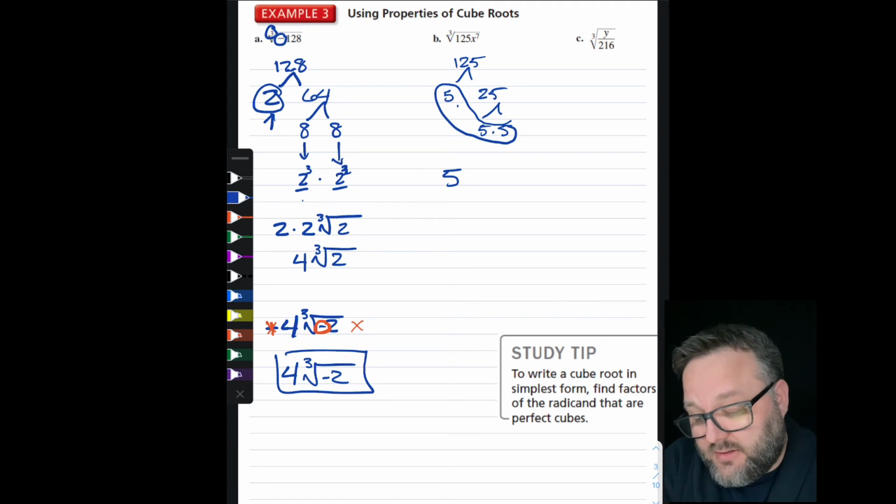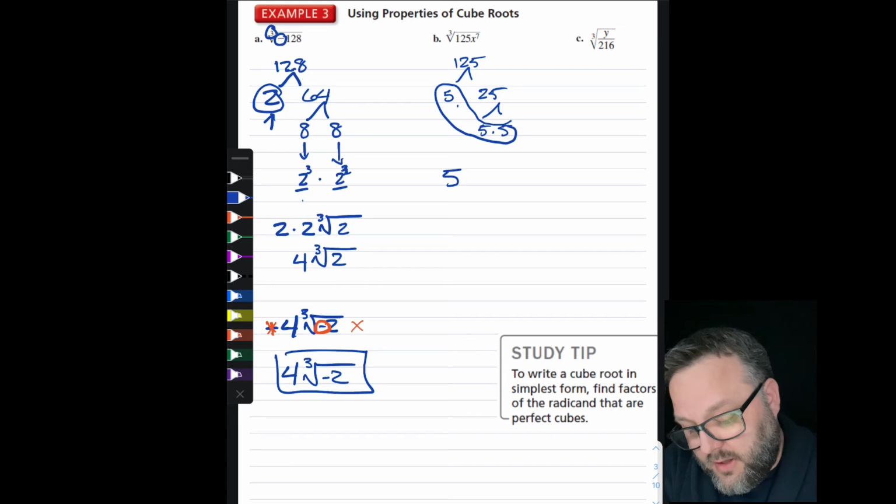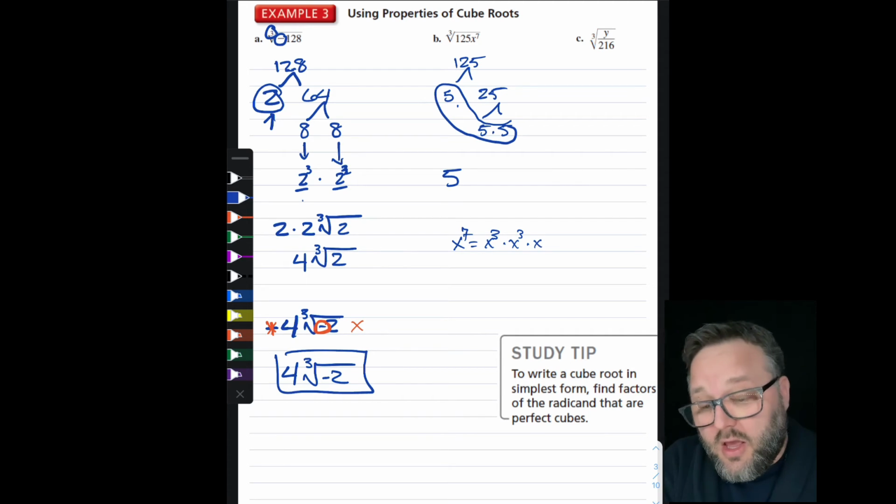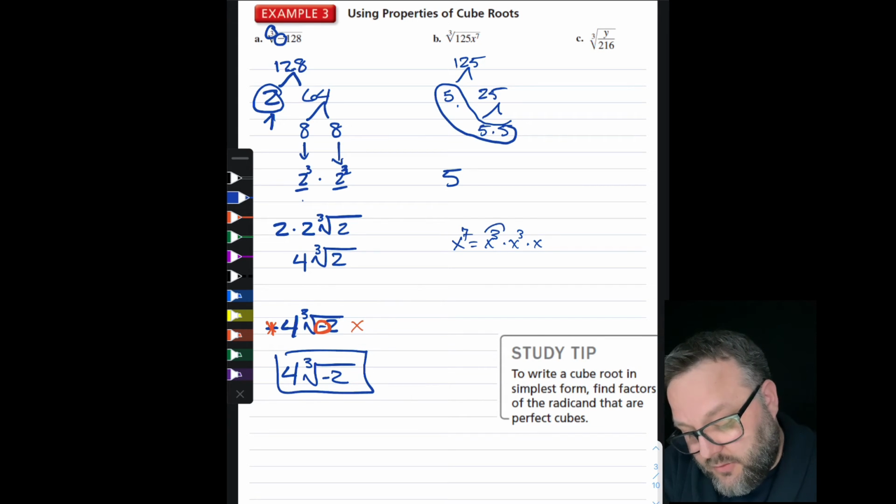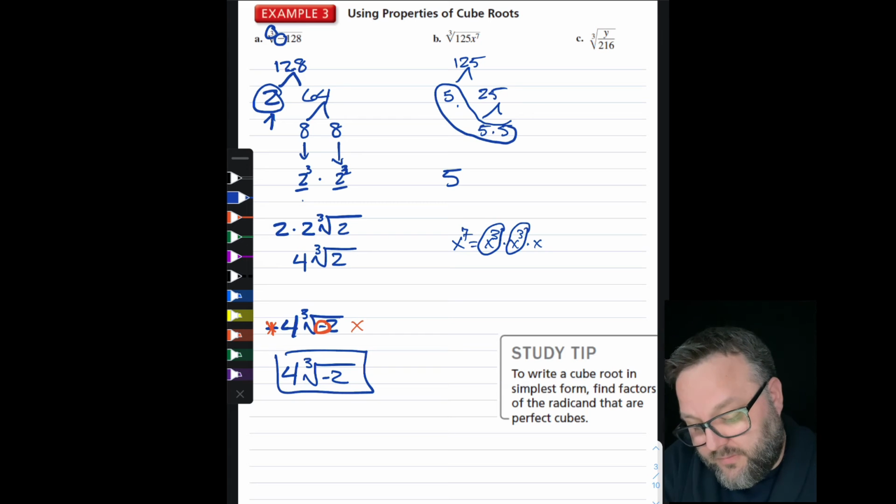Then I have x to the 7th. Well, x to the 7th, and I'm going to write it below, is the same thing as x cubed times x cubed times x, because if we have the same base, we're just adding the exponents. So here's a group of 3, here's a group of 3.